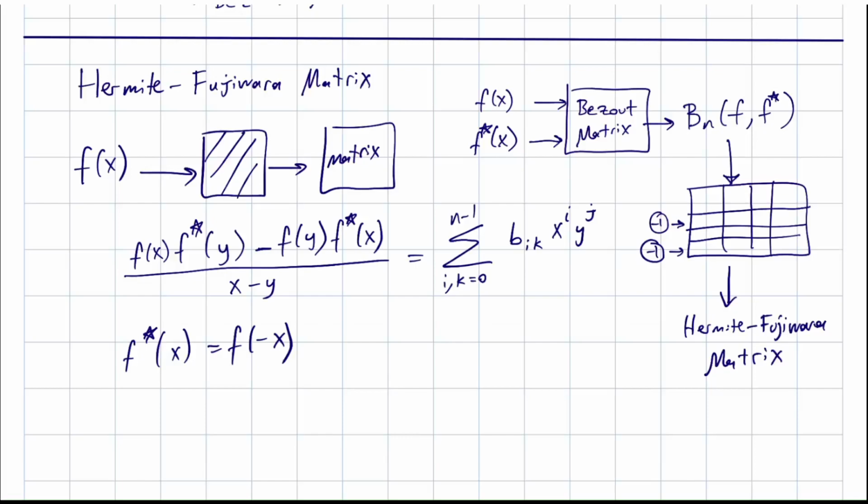What's up, everybody? Now we are going to talk about something called the Hermite Fujiwara matrix.